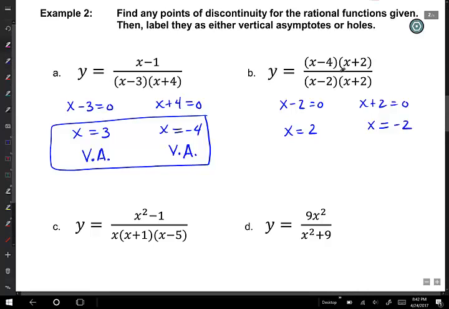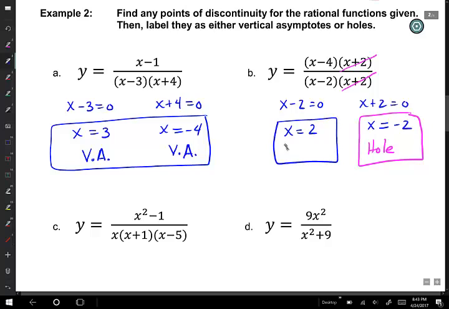I'm sure you've seen already that the x plus 2's, though, are the same in both the numerator and denominator. So the x equals negative 2 value that we have right here is going to be described as a hole in the graph. But the other part, x equals positive 2, is going to be described, therefore, as a vertical asymptote.